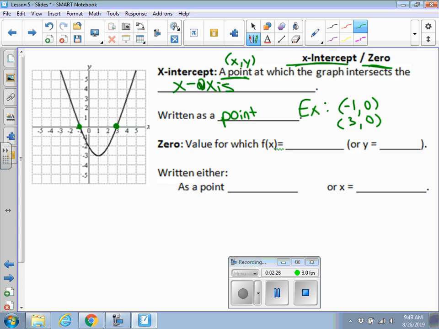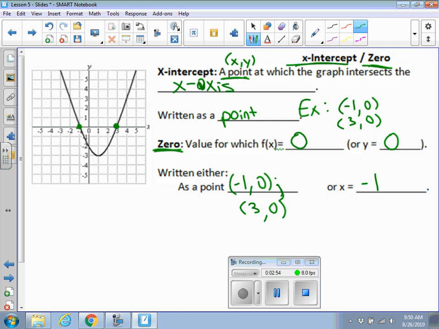For the term zero, it's a value for which f of x equals 0, or when y equals 0. So when you set your function equal to 0 and solve for x, that will give you the zeros of your function. They're located in the same place the x-intercept is located, and you can write your zeros as a point, (-1, 0) and (3, 0), or you can write them as x equals a number.